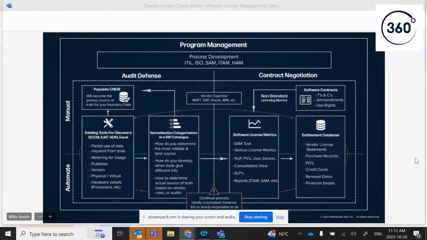And you'll see here on the left, I've got things that talk about audit defense, and things on the right that talk about contract negotiations. And when you put that all together, this is what I believe software asset management to be. There's other components of software asset management, but this is what I believe the components to be, and this is what I believe the data to be.